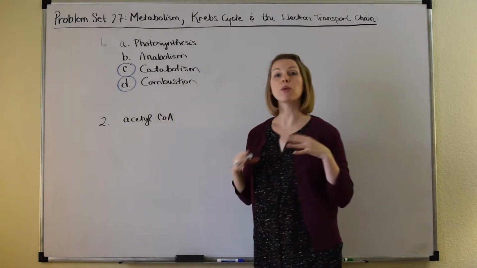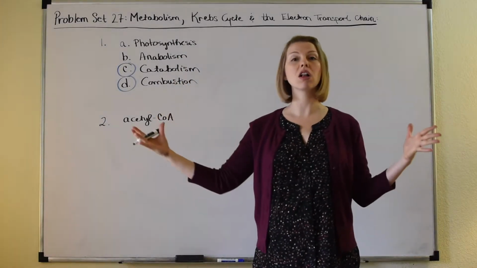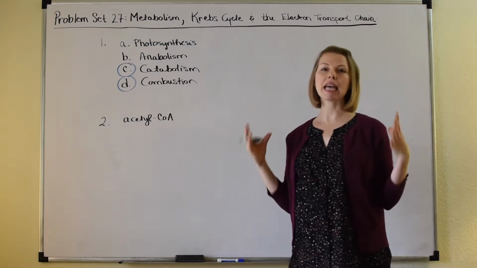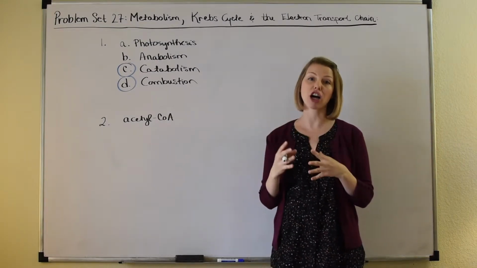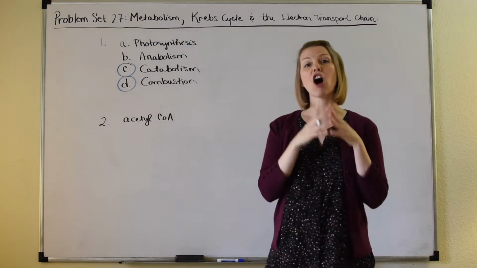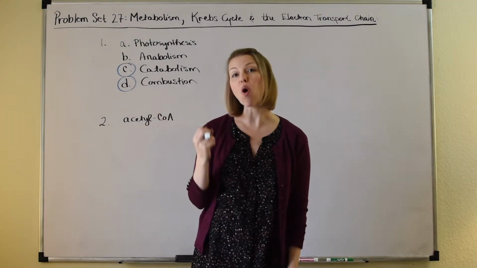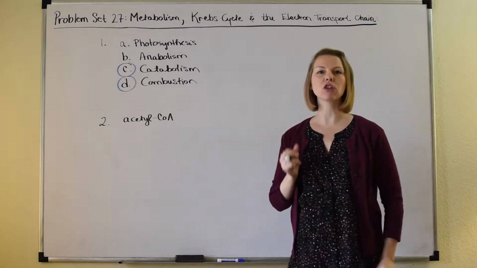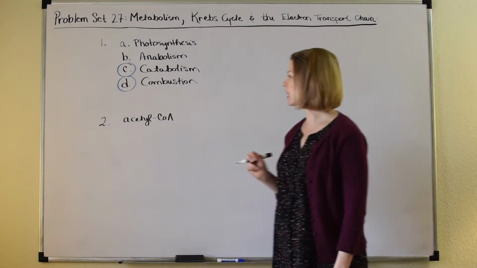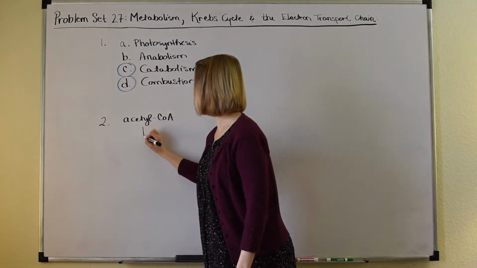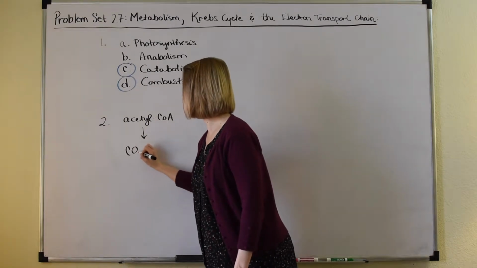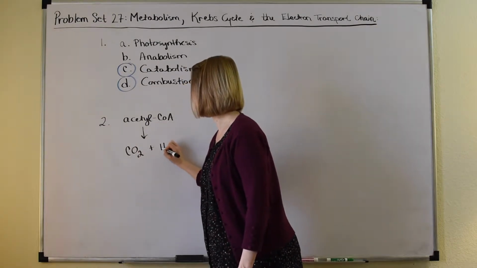Okay, so we already know that overall catabolism is taking the carbons, hydrogens, and oxygens from the foods that we eat and oxidizing them all the way to carbon dioxide and water. So the ultimate fate of acetyl coenzyme A is going to be complete conversion into carbon dioxide and water.